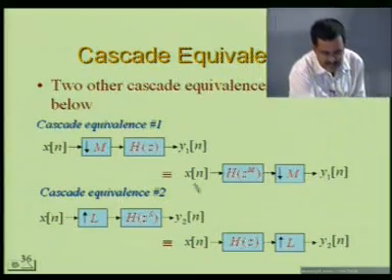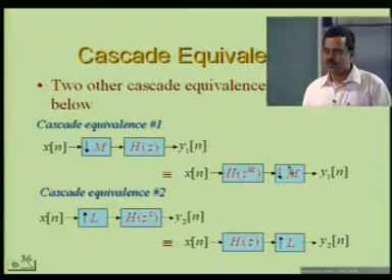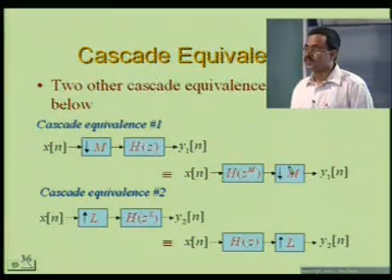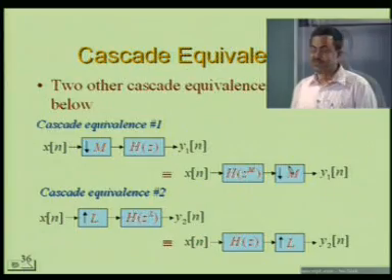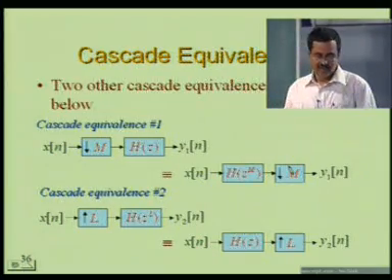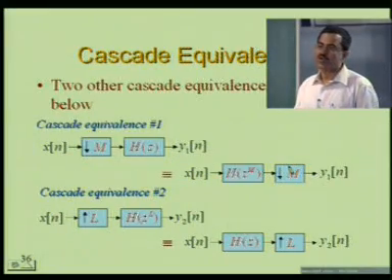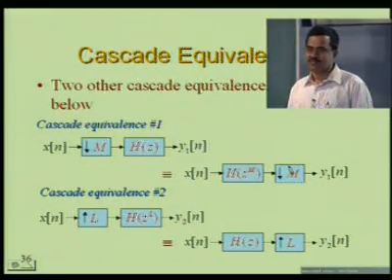That is equivalent to x[n] passed through a filter with transfer function H(z^M), then downsampled by a factor M, which gives y1[n]. Now, both are the same.